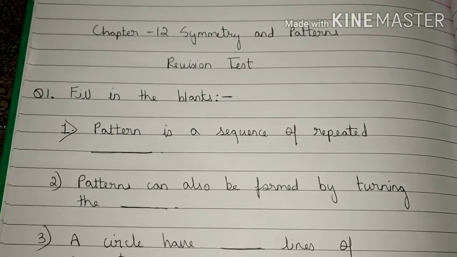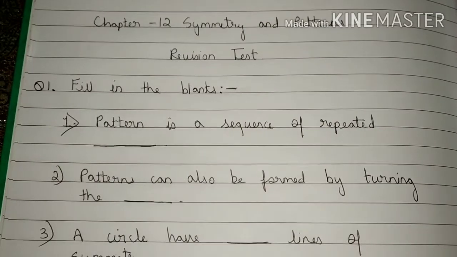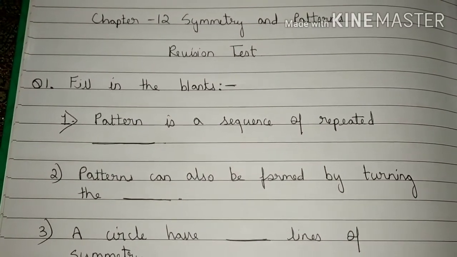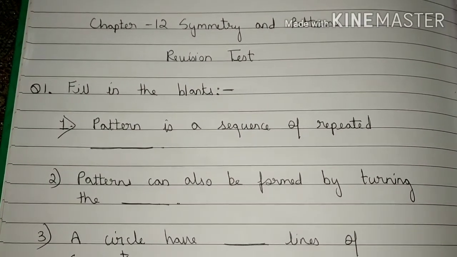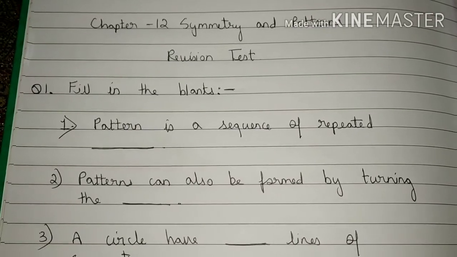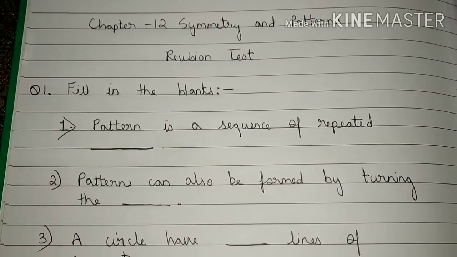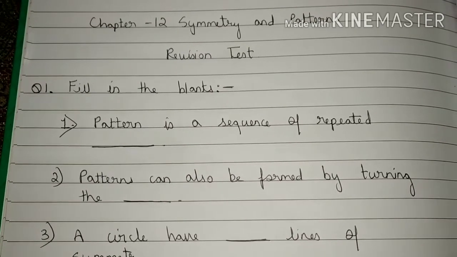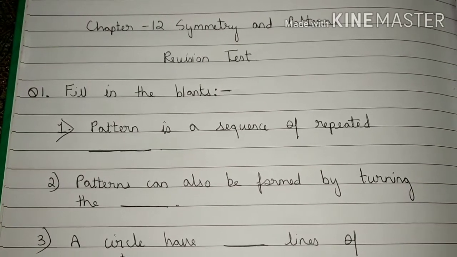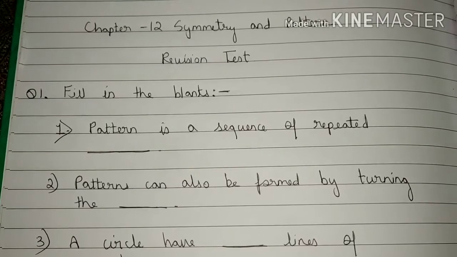Now students, it is compulsory for you all to attend all the 4 questions. Students, you don't have to copy down the whole questions. You only have to write the answers of these questions. Students, now start doing your revision test.